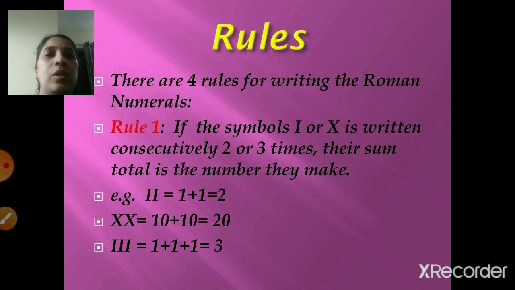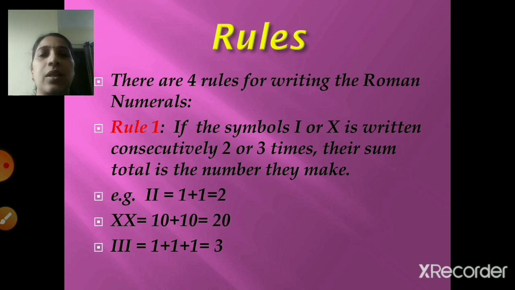So what is our rule number 1? If the symbols I or X are written consecutively 2 or 3 times, their sum total is the number they make. Children, consecutively means the symbol is repeated immediately after that symbol.